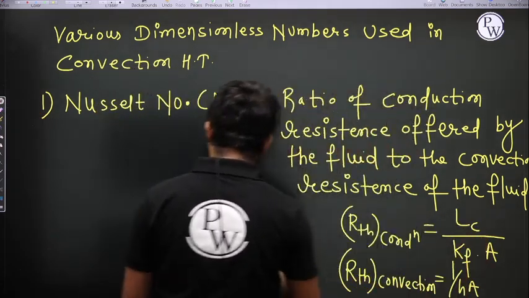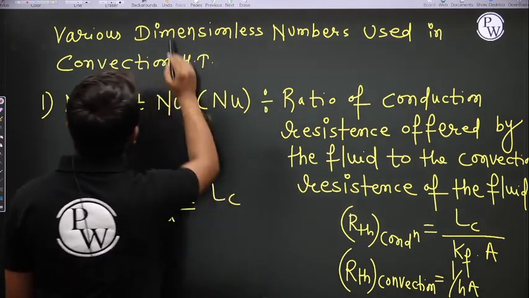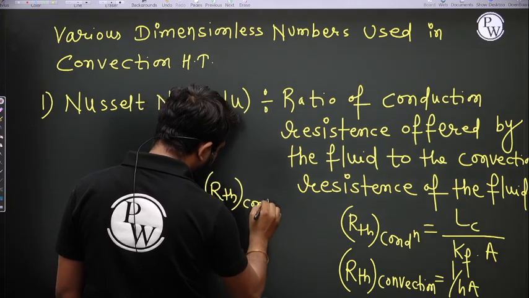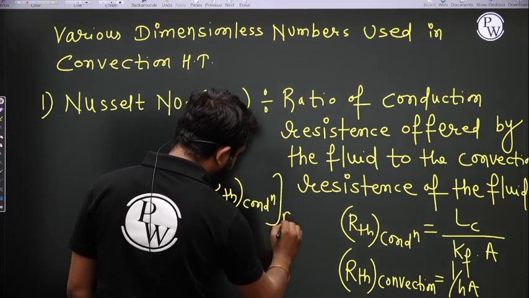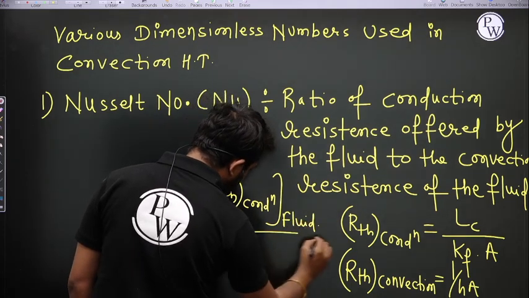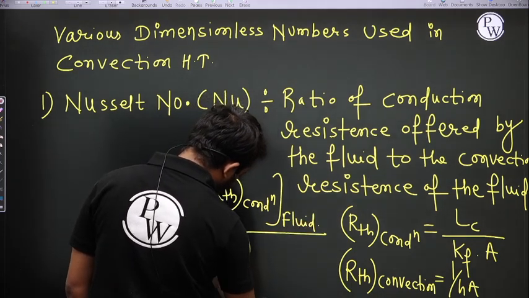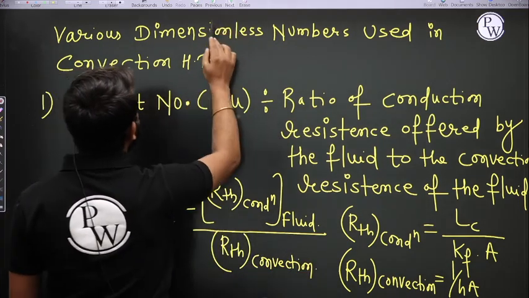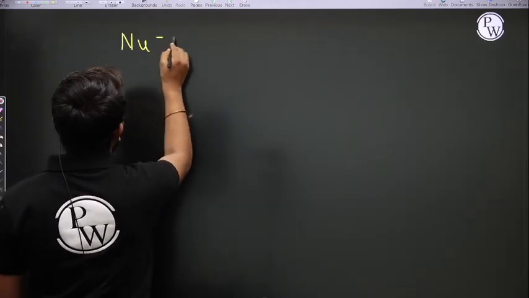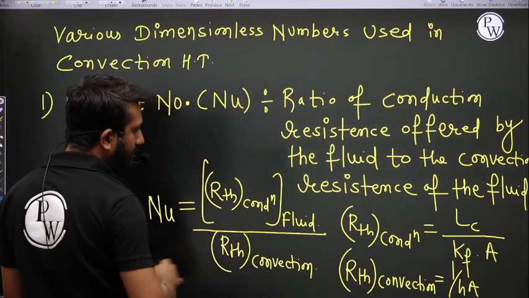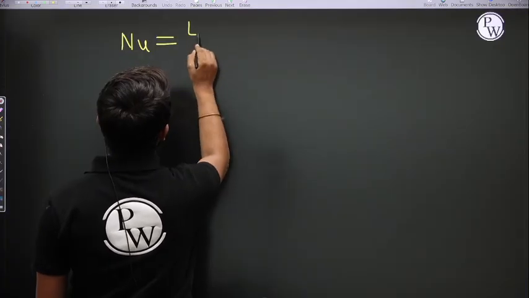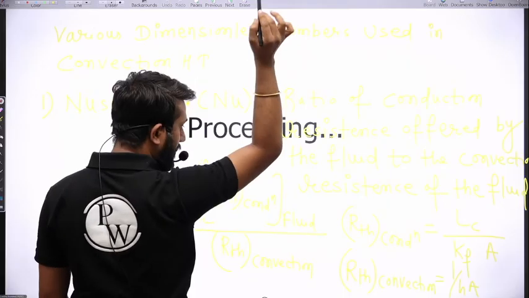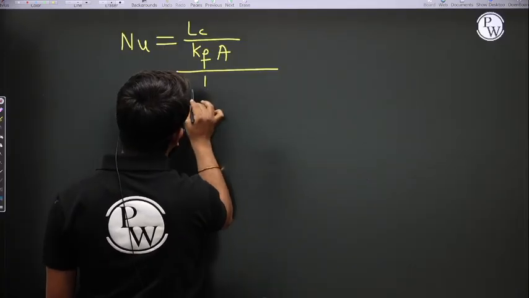So this is R_th conduction of the fluid, and this is R_th convection. So the Nusselt number is equal to L_c by K_f A, divided by 1 by hA.